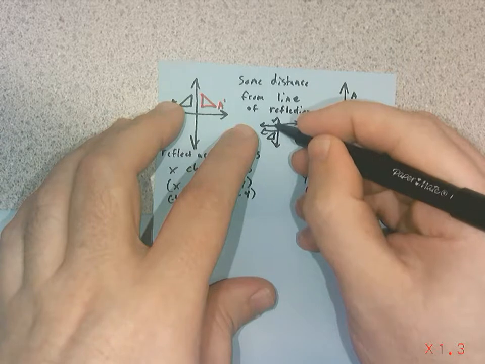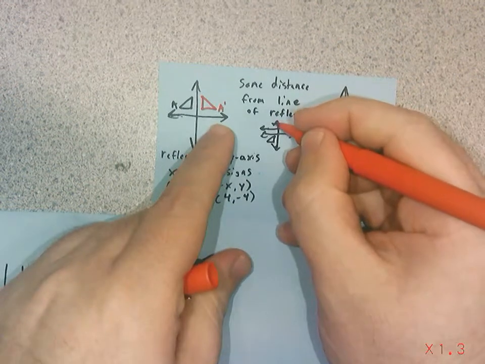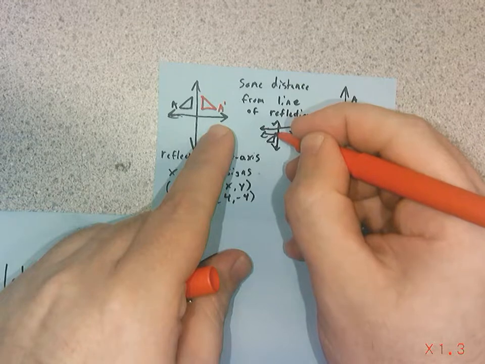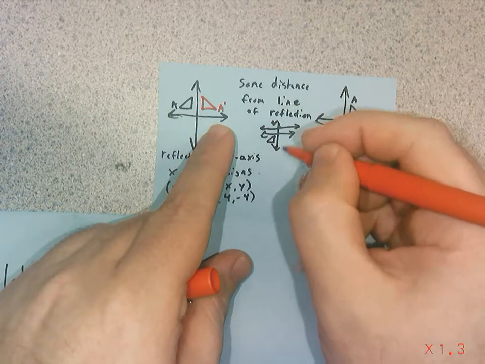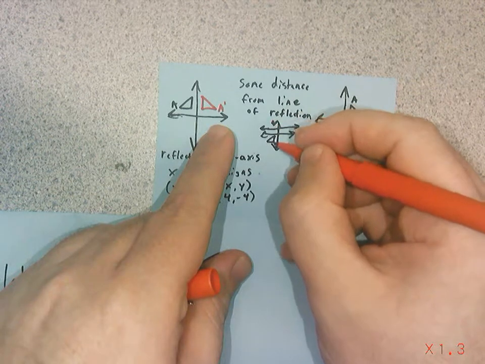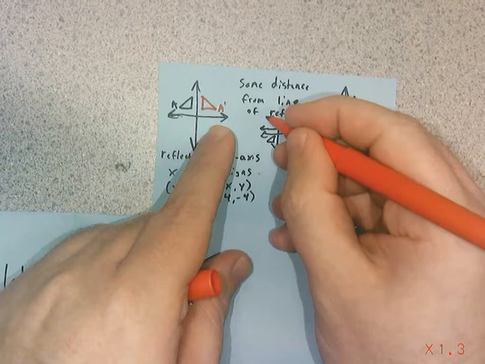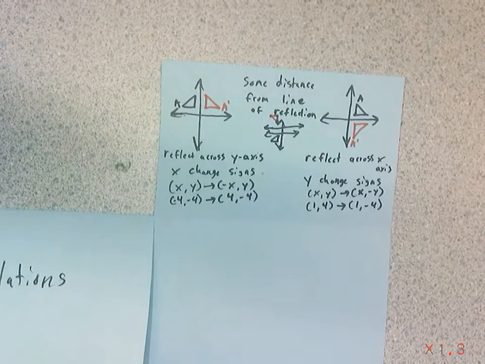Basically, you would count from each point how far away it is from that line, and then your new triangle points would be that far away. So let's say like this point is 3 away, that means I would go 3 past it. That would be my new point. Say this is like 5 away, so I'd go 5 past it, that would be my new point. Same here, it's like 5 past it, so that would be my new triangle reflected right there.